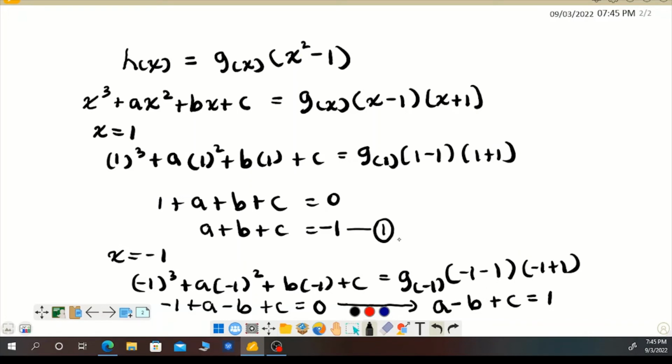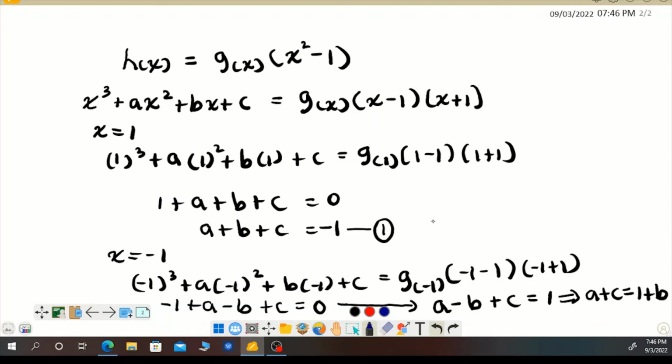Okay. I want to find the value of b, so I am using these two equations to find the value of b. First I modify this equation to get a plus c equals 1 plus b. So I can substitute the a plus c value into my first equation. By substituting, I can obtain the value of b.